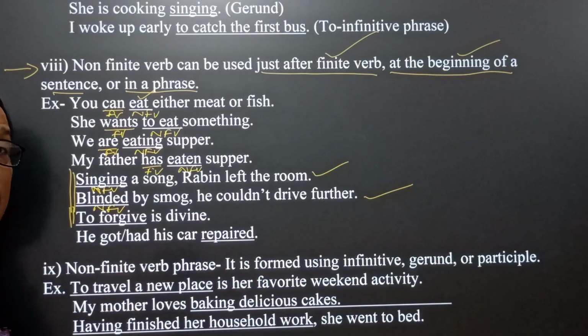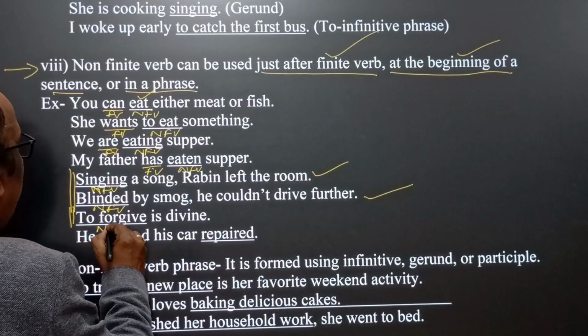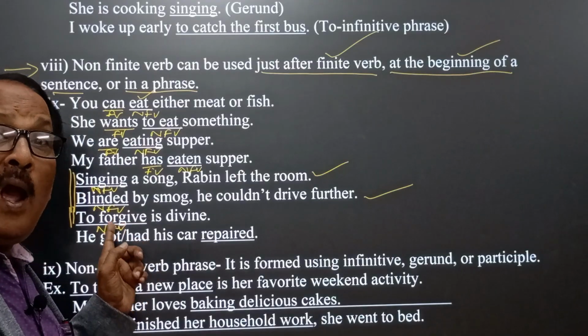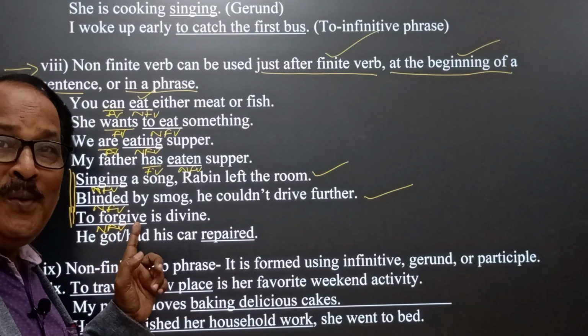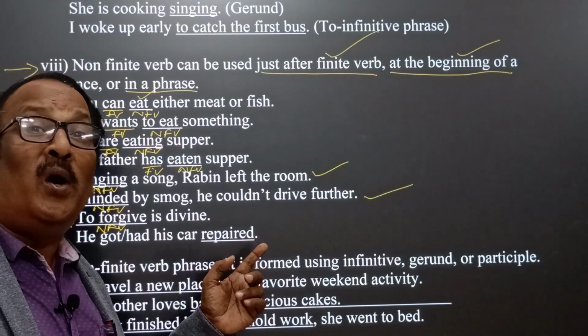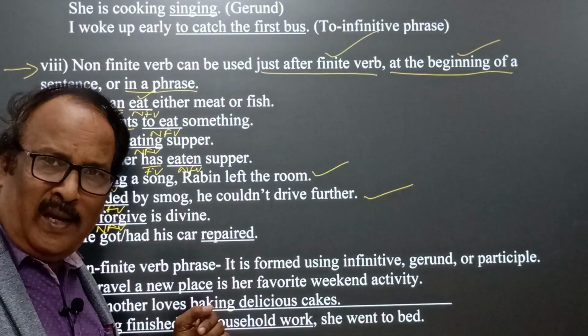To forgive is divine. Here to-infinitive has been used as a non-finite verb, as a subject and also a noun, a verbal noun. To forgive is divine is equal to forgiving is divine. It is a divine quality. Okay.